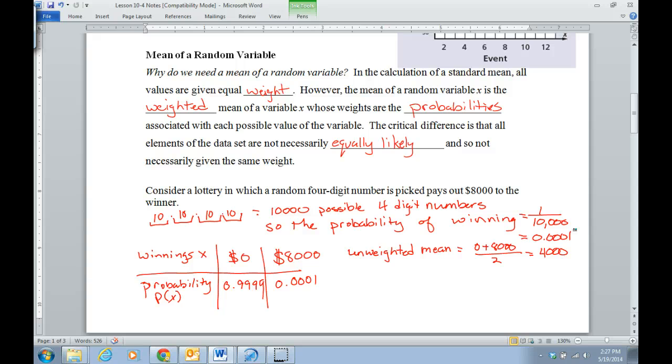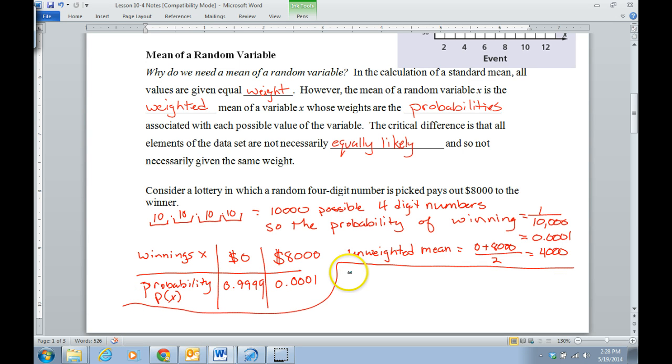But that doesn't quite seem right, because you're much more likely not going to win. So you won't likely win $4,000; the more likely outcome is that you're not going to win at all. So we want to look at a weighted mean instead.